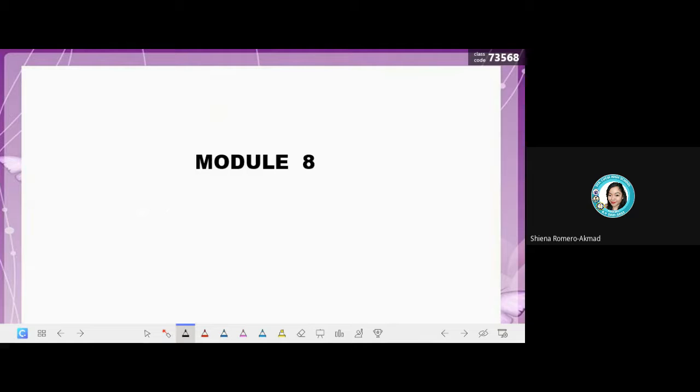So, for module number 8 po, we will be dealing with polynomials. Okay, I know you are very much familiar with polynomials kasi na-discuss na ito when you are in grade 7 and I think na-discuss na rin to when you are in grade 8.